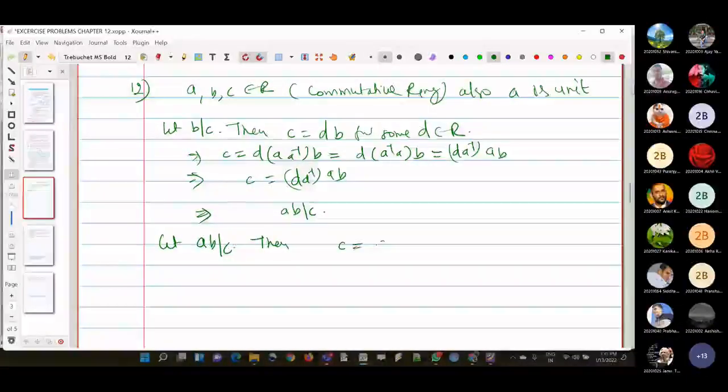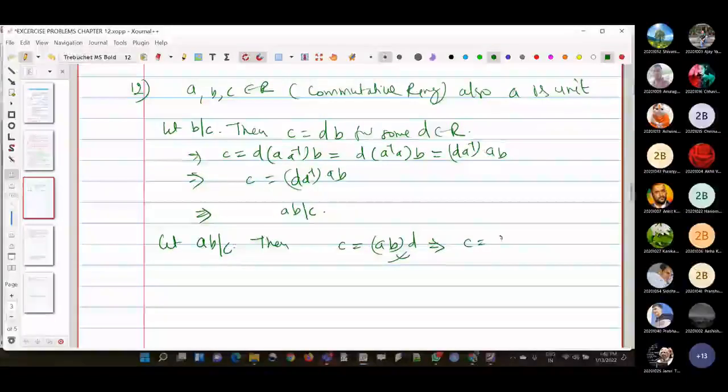C equals some AB times D, and this implies that C equals, because it is commutative, we can swap these two.